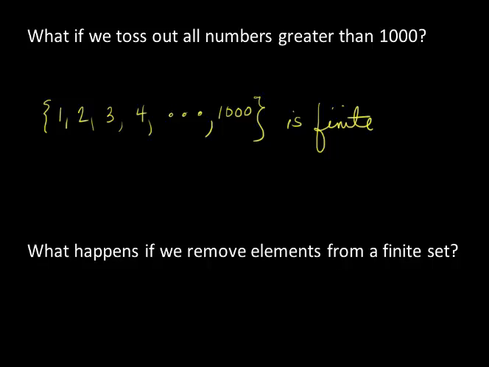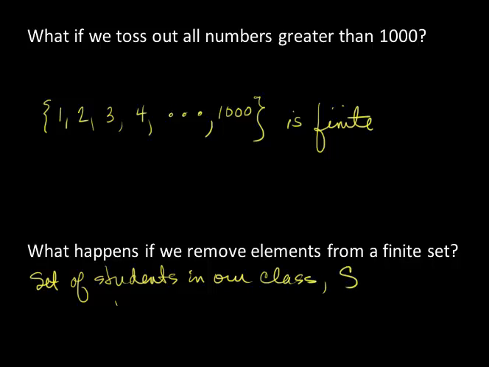This is something you've never seen or thought about before because your experience has been with finite sets. What happens if we remove elements from a finite set? Well, let's take the set of students in our class. Let's call it S. The cardinality of S is 25.